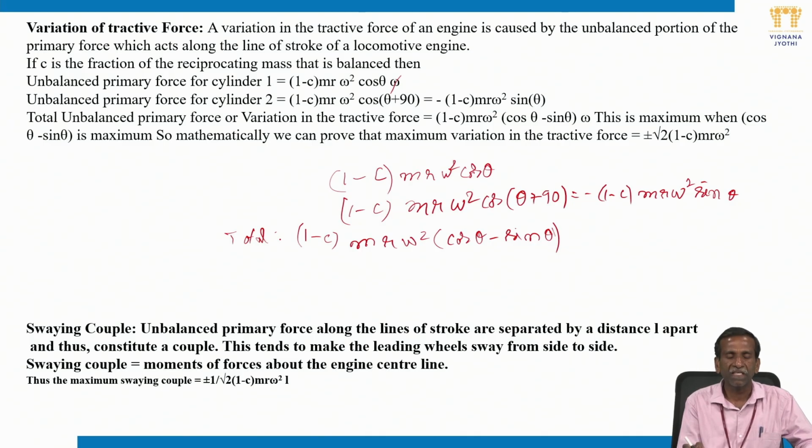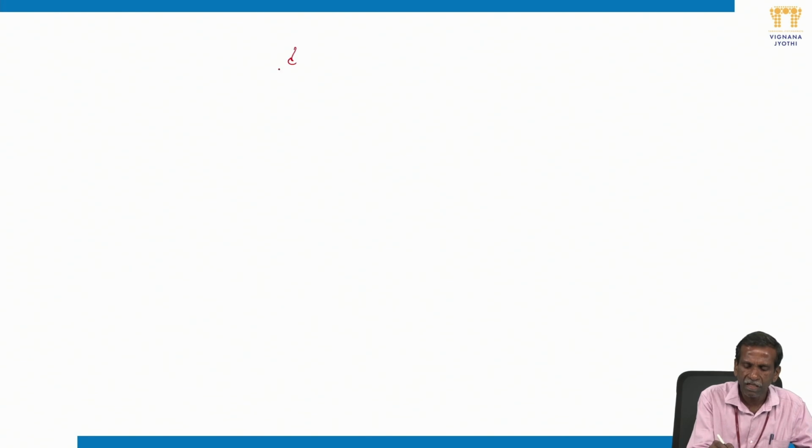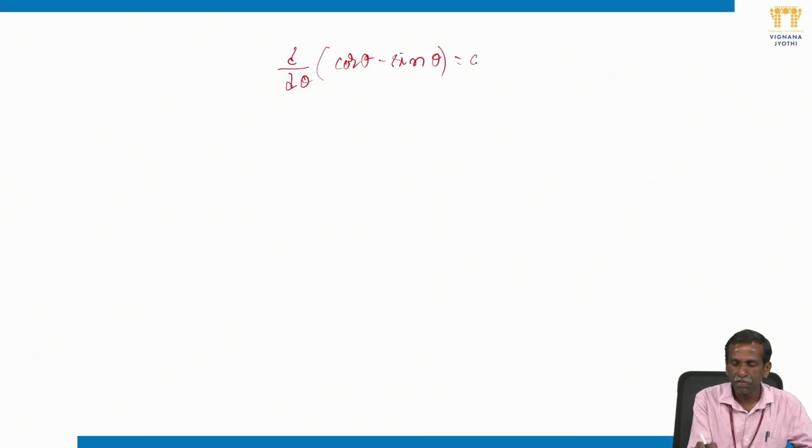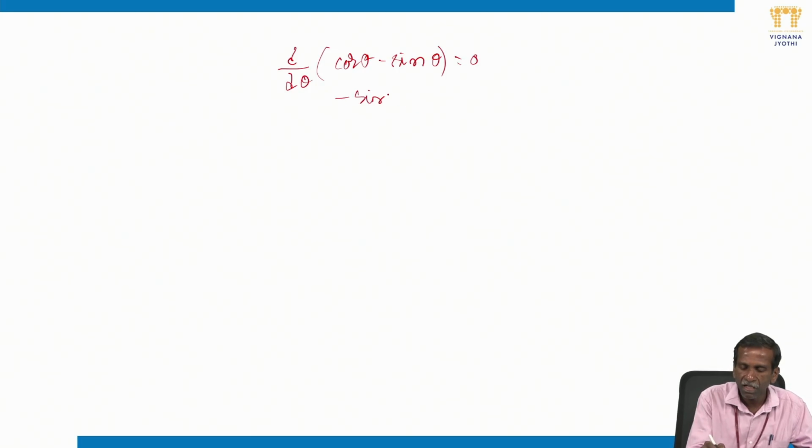For what value of theta is it going to be maximum? Mathematically, we can take d by d theta of (cos theta minus sin theta), and this must be equal to 0. Then we get the condition of theta at which the unbalanced tractive effort force is maximum. So we differentiate this: minus sin theta, and minus cos theta, equal to 0.